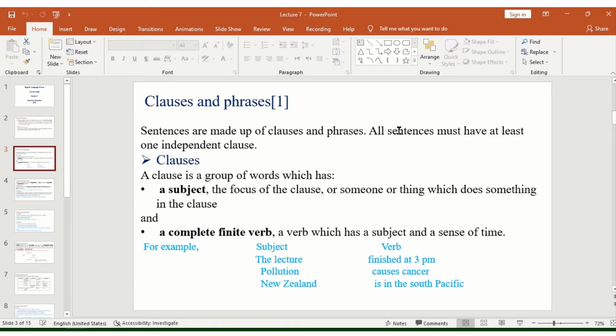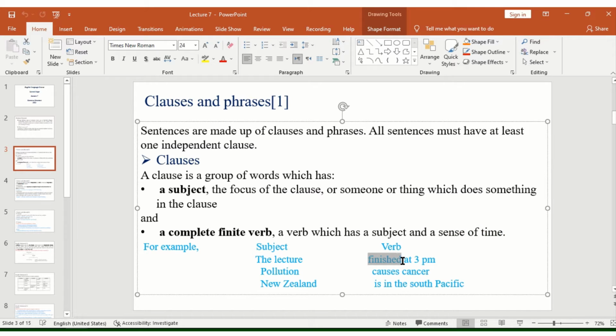For example, the lecture finished at 3 p.m. So the lecture is the subject and finished is the verb. Pollution causes cancer. Pollution is the subject and causes is the verb.